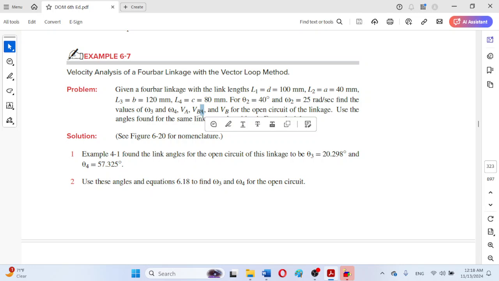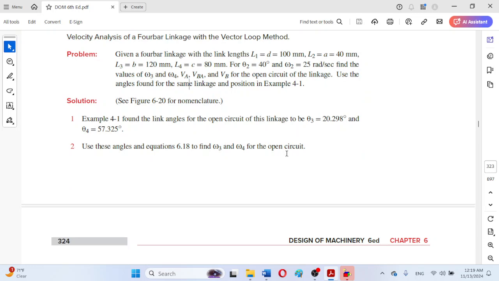If the moving frame of reference were attached to point B, the velocity would be written as VAB, meaning the velocity of point A relative to point B. The second subscript is always the point with respect to which the velocity of the first subscript point is calculated.